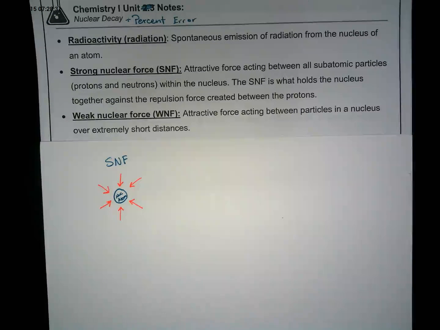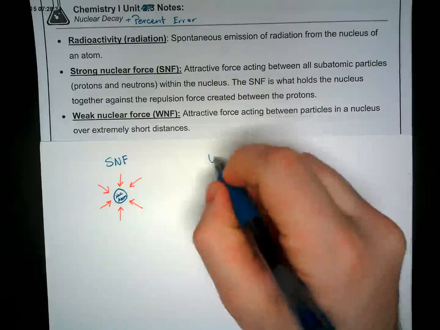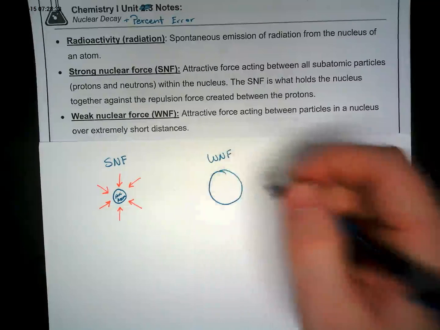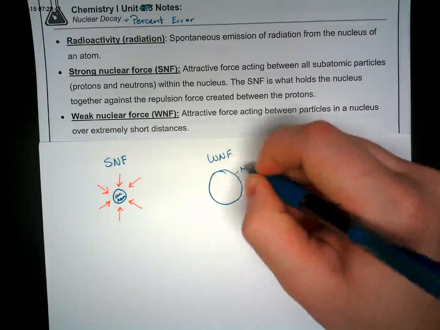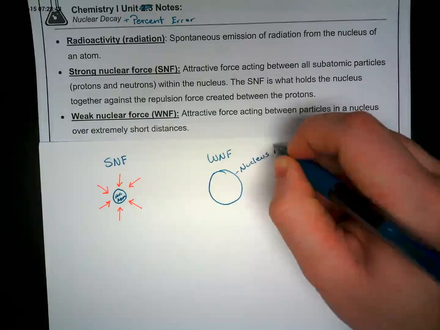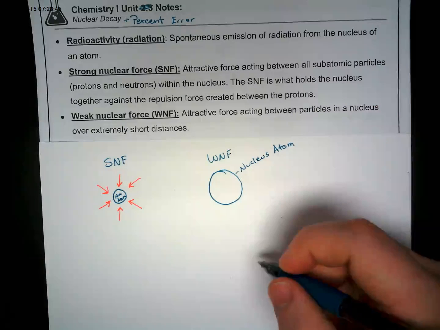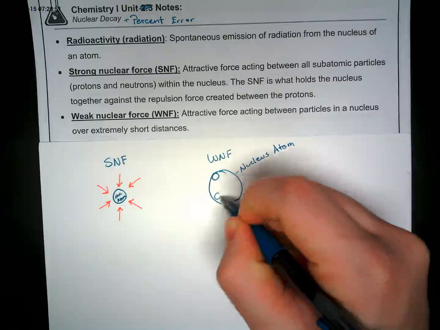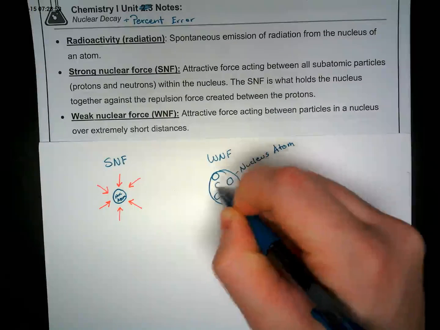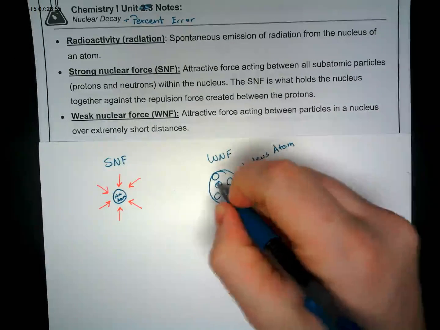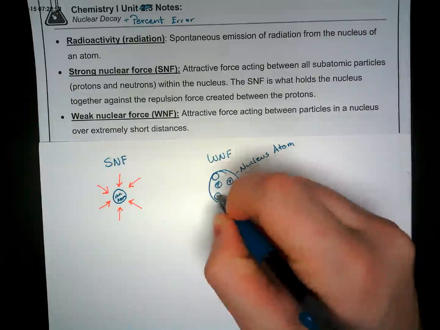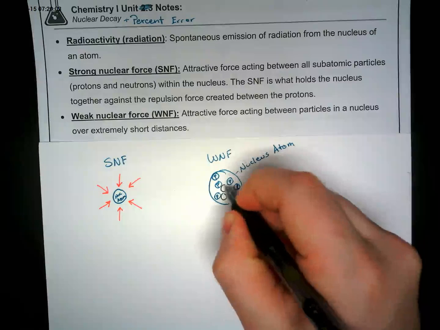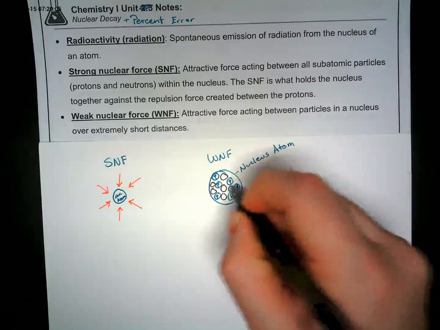in the notes. Whereas the weak nuclear force, so if this is now the nucleus of our atom, we'll have our protons in here, and I'll put P's on there too, and then we're going to have our neutrons in here, in no particular order.